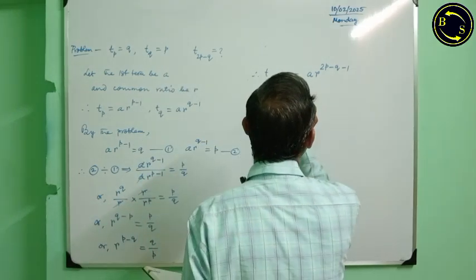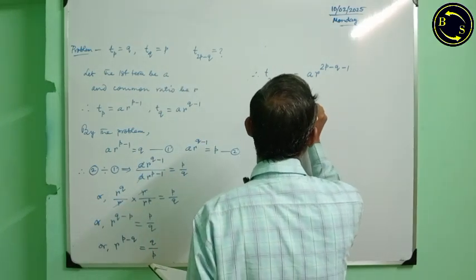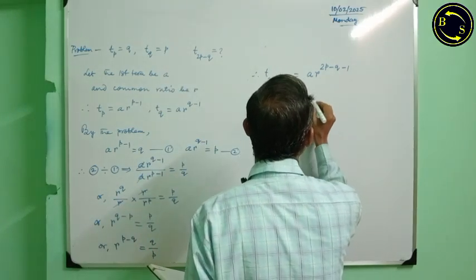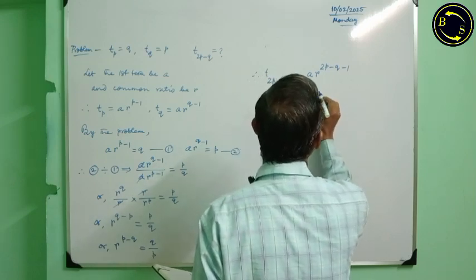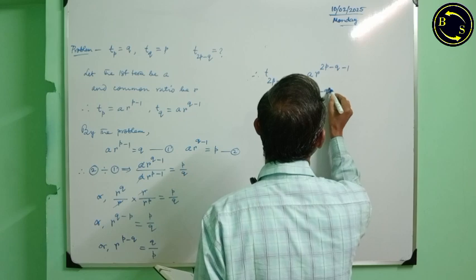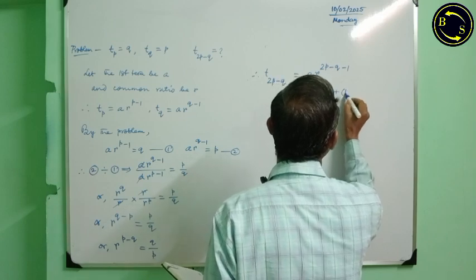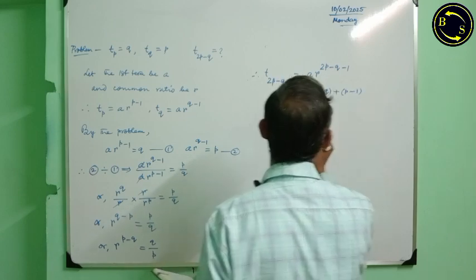Now we can write this as A R to the power (P minus Q) plus (P minus 1).